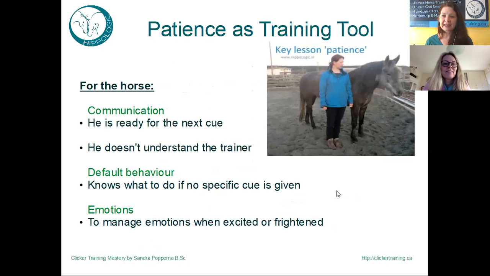So patience as a training tool. For the horse, I think it's super important to teach key lesson patience because it's a communication tool.